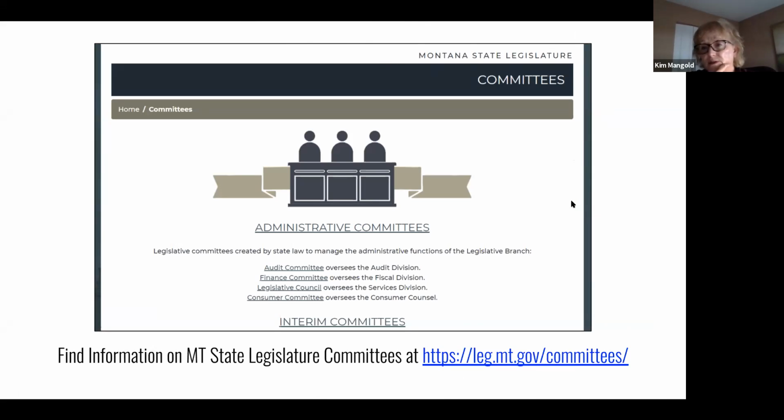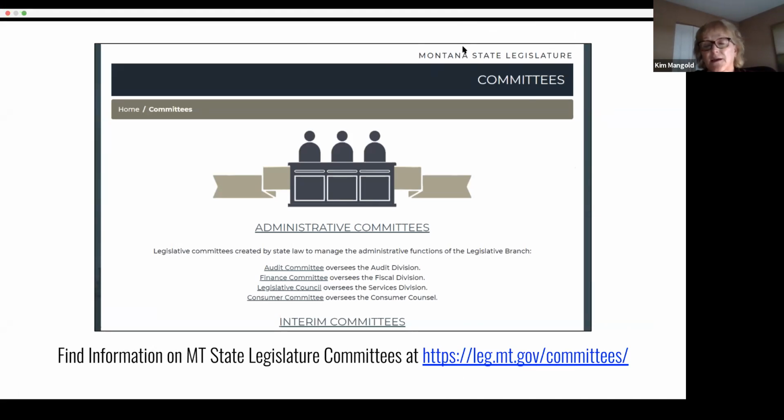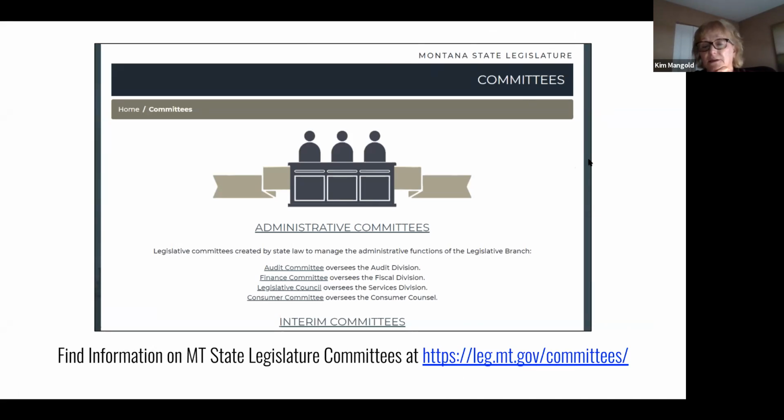But you never know when the bill's going to come out. You don't know for sure if it's going to come out of that office. Usually it does if there's some pressure from legislators, and so we'll be working on that to monitor those also.